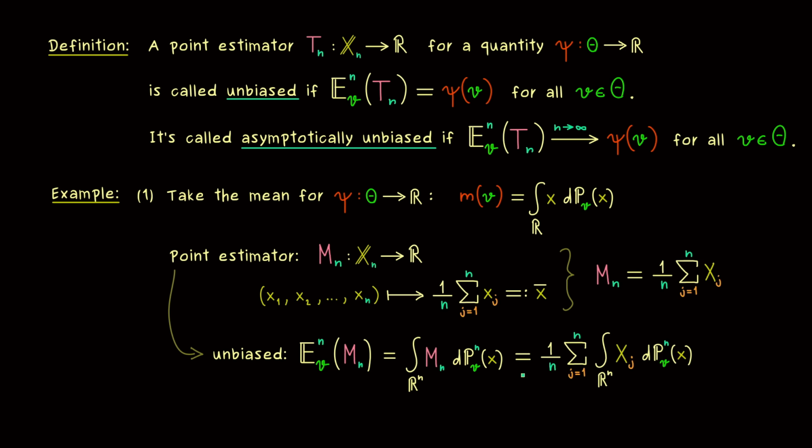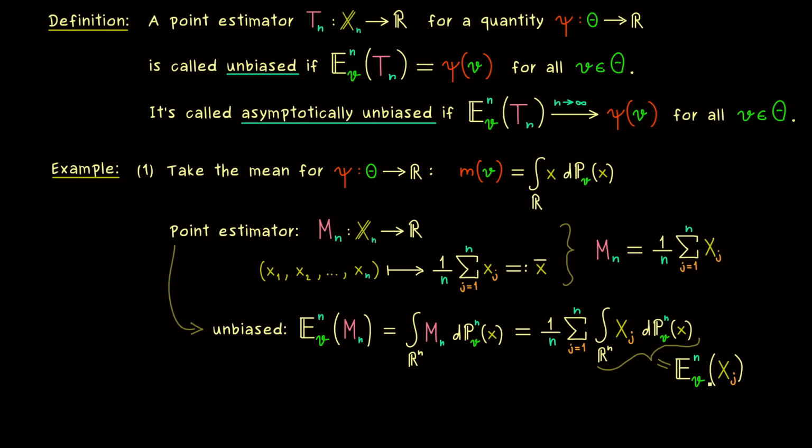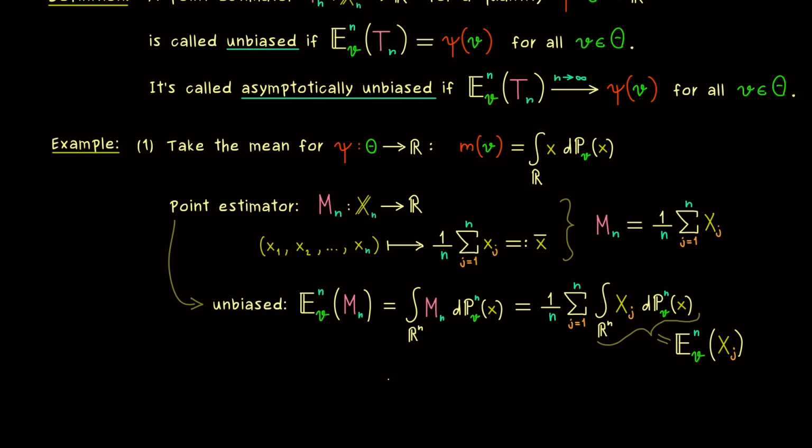Hence we actually just have to integrate the random variable xj. So you could say what we have here is just the expectation of xj. And since all the xj's are identically distributed, we know that the expectation is the same no matter which j we choose. Therefore, by summing them up and dividing by n, only one expectation remains.